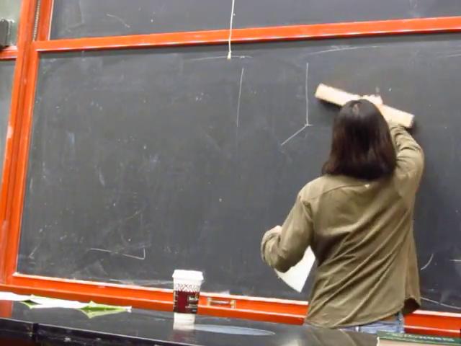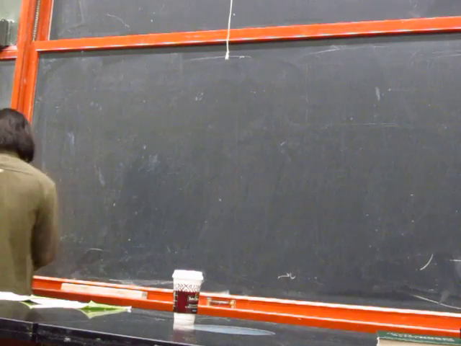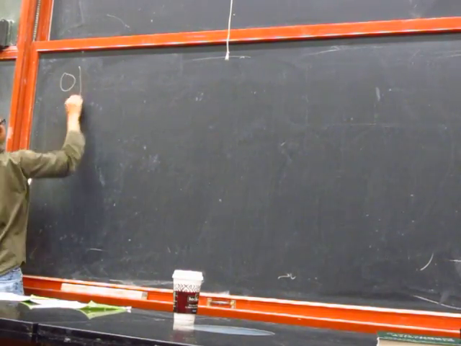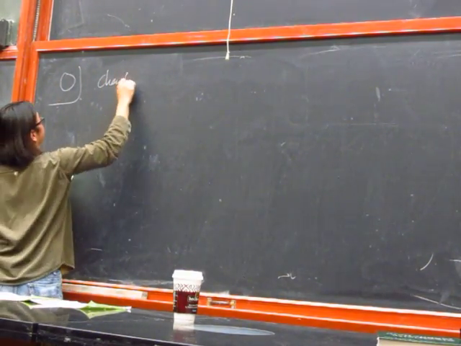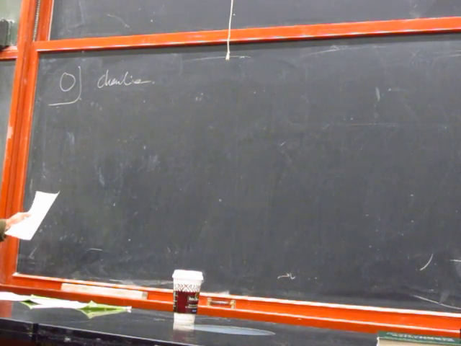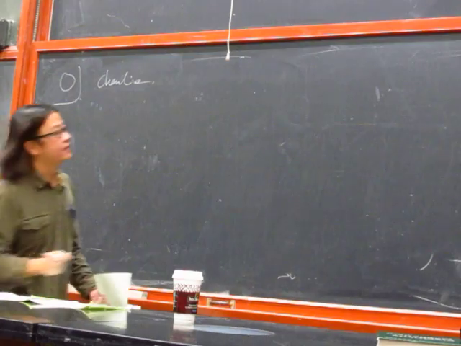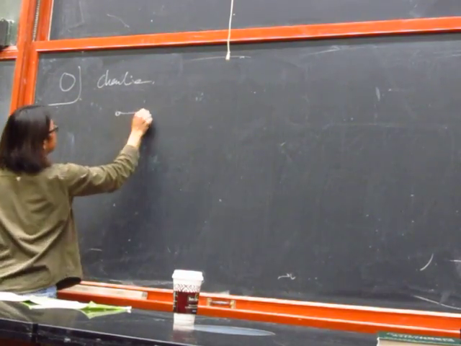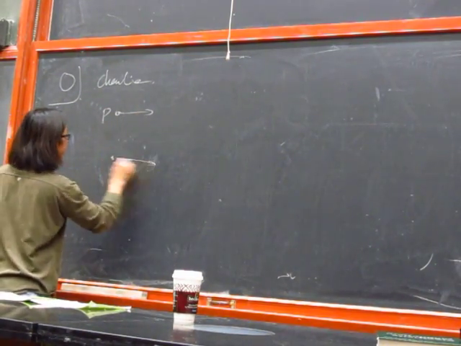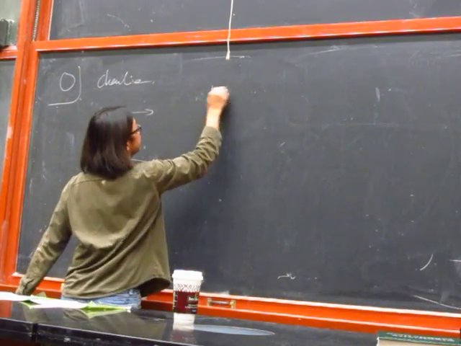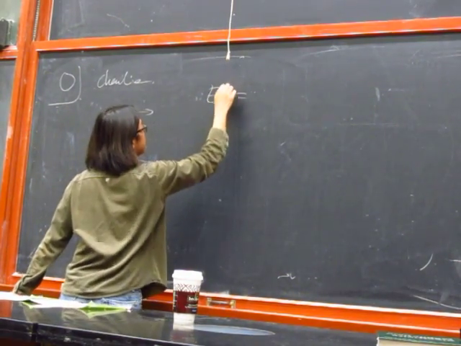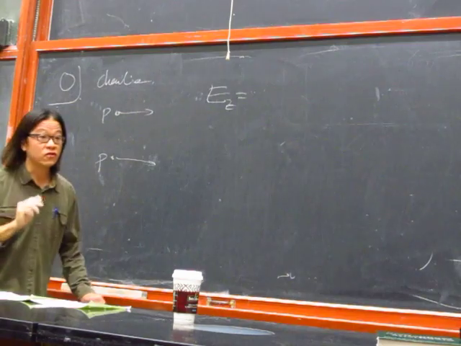According to Charlie, first of all, the electric field. So this is two protons moving in that direction, right? The electric field in C is in the Z direction. First of all, it is greater.